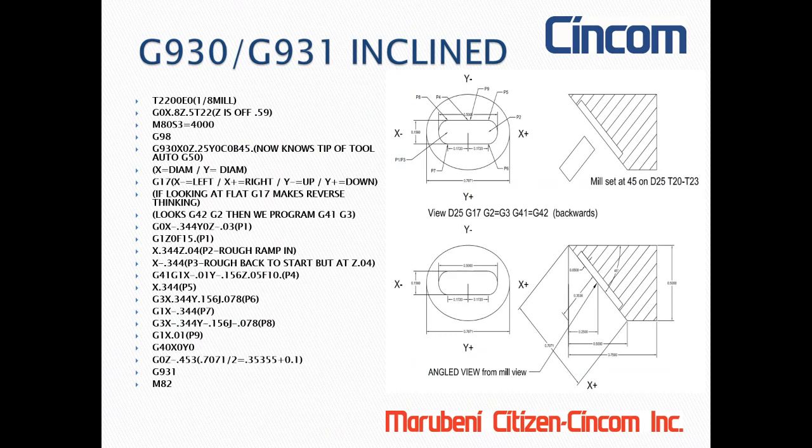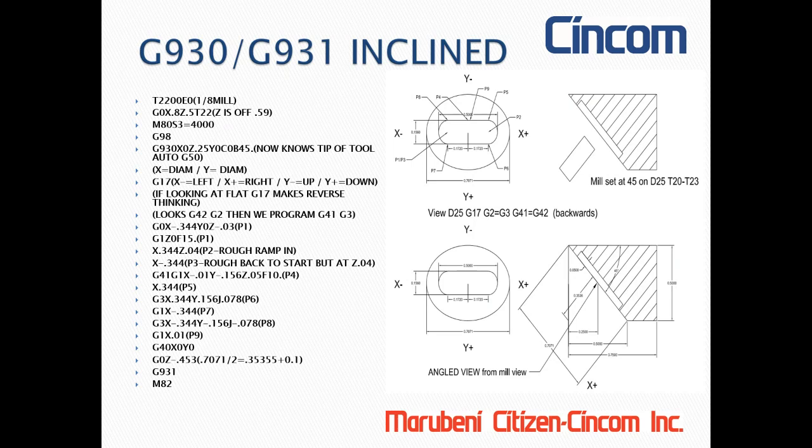Because G930 is made for the M800 control, and all you can do on the front side is use G930 or G920. G950 will be for a fixed head on the 50 stations, and G950 is not a true B-axis, it's a fixed head, so that's the reason why.